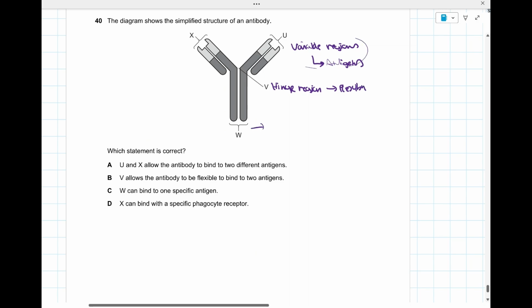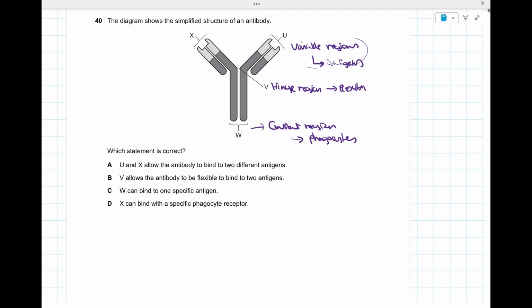And finally, W is called the constant region. The constant region binds to phagocytes for the desired antigen to be engulfed and recognized by specific phagocytes such as macrophages.